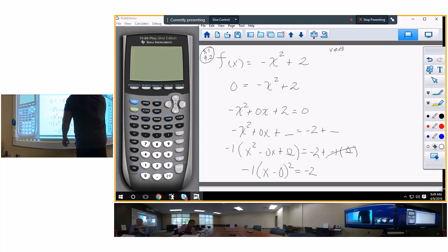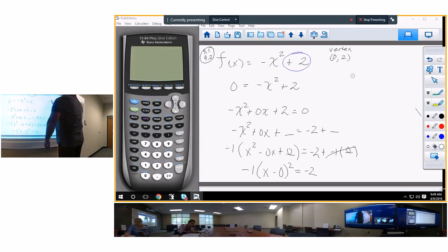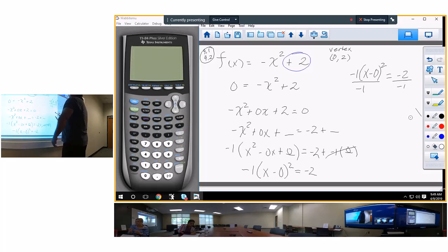Vertex is 0, 2. My y-intercept is what? 2. And let's find our x-intercepts. Negative 1, x minus 0, quantity squared is equal to negative 2. Divide by negative 1, divide by negative 1.